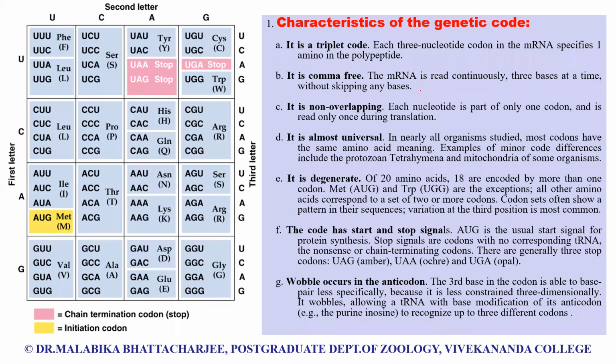That is, a set of three nucleotides, a codon in mRNA, codes for one amino acid in a polypeptide.